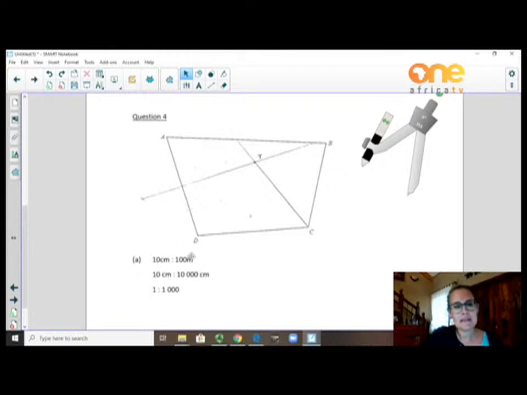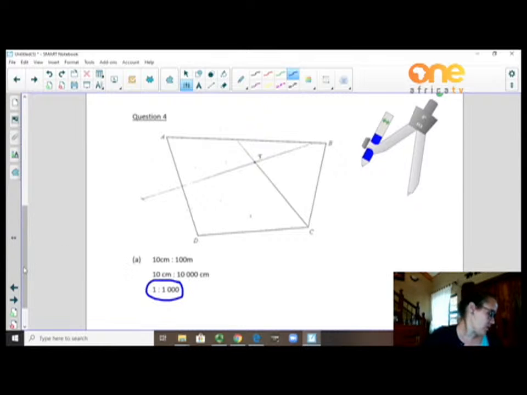But remember, we need the same units, so we change the meters to centimeters, multiplying by 100, and then we simplify our ratio to get to our ratio of 1 to 1,000. So that is our ratio 1 to 1,000.